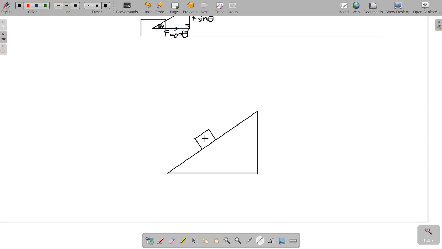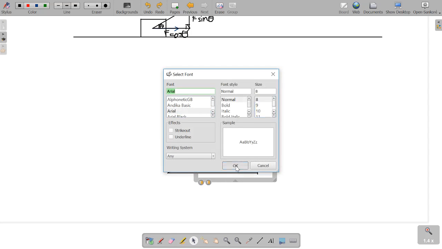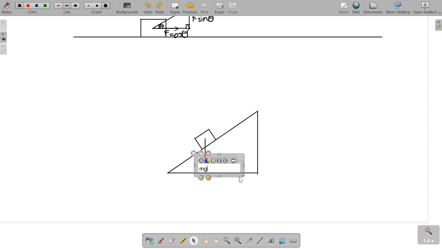You know the weight of the force, which I'll put as mg, and you know the angle of inclination, theta. Assuming there's no friction, what will be the acceleration of this down the slope?